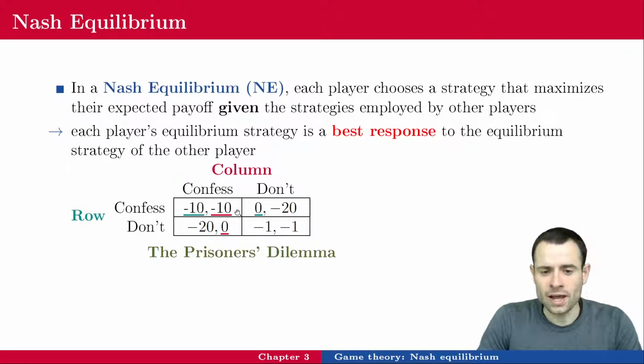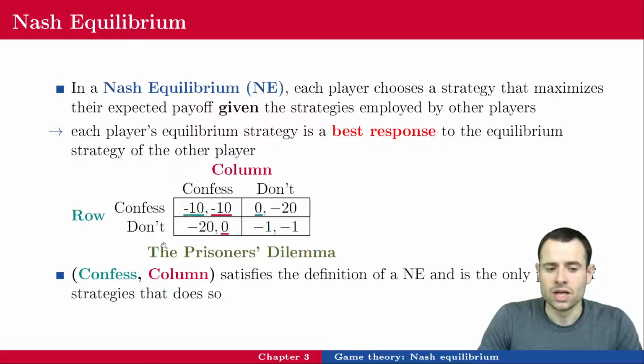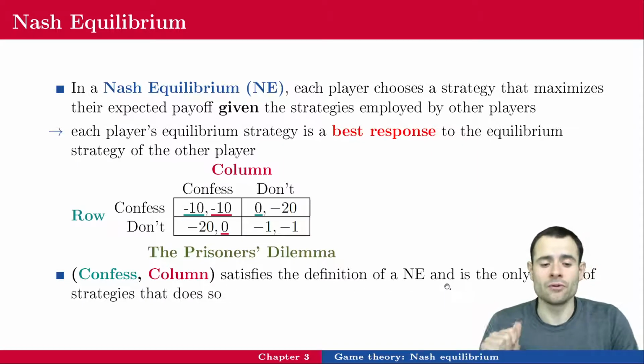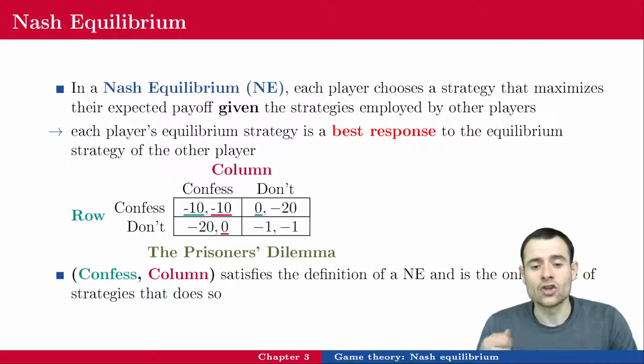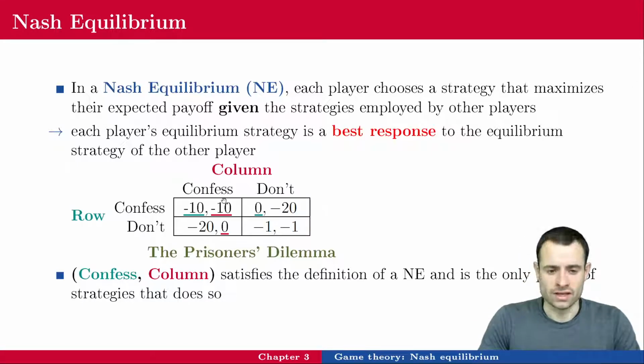They both play a best response to each other, which is why those two payoffs are underlined, and which is why confess is the Nash equilibrium. Forgive my typo here, it should be confess as well. So confess satisfies the definition of a Nash equilibrium and is the only profile of strategies that does so in this game.